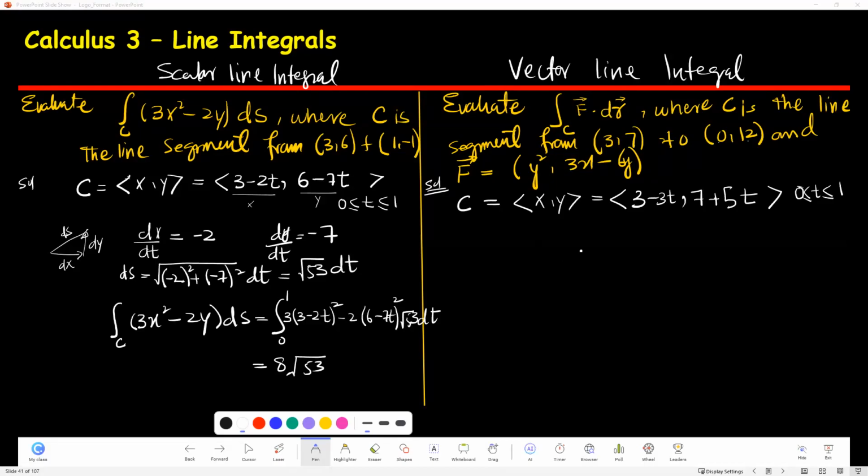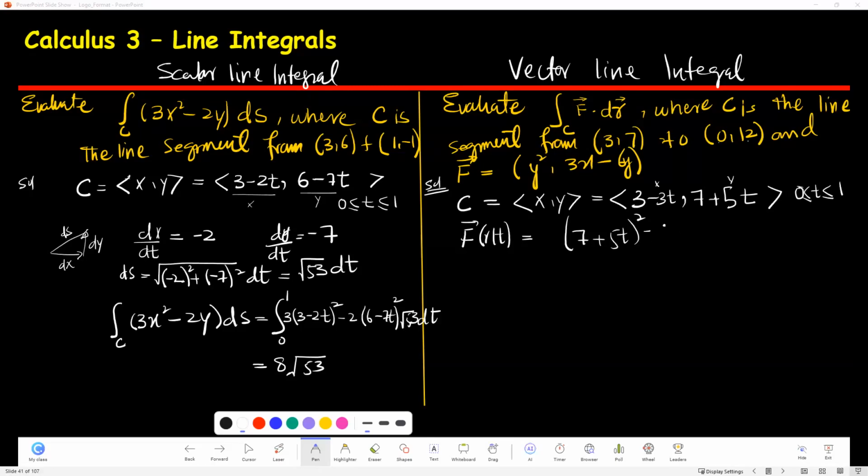On the other side, I have my function f. I'm going to put the r(t) inside, and it is equal to 7 plus 5t squared. All you have to do is take this x and this y and substitute into my function and then solve it.